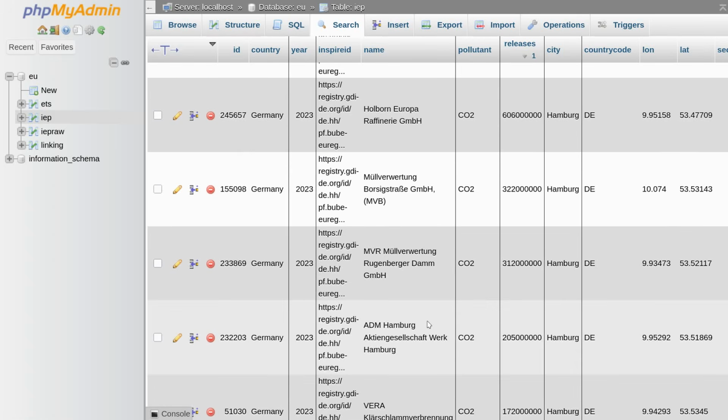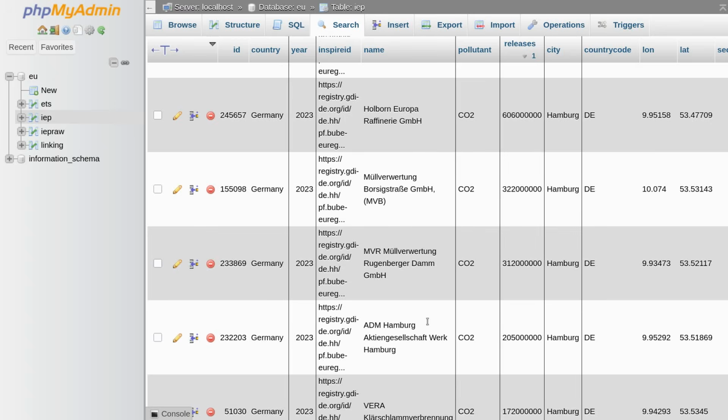I think many people don't know that, but waste incineration is a really large source of CO2 emissions. So among the largest emission sources in Hamburg, 4 are waste incinerators. That's maybe an interesting fact. There's also one factory missing here, and I'll get to that later.